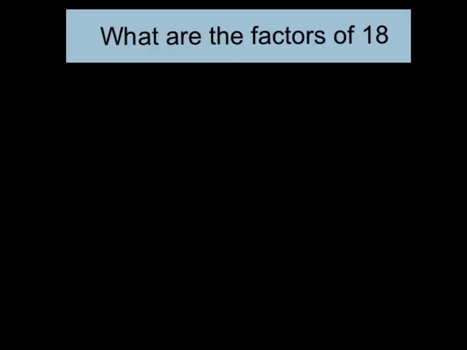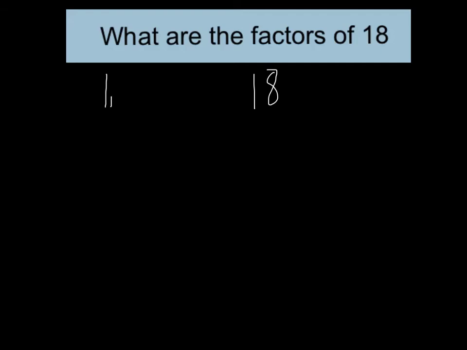Our first problem is asking us, what are the factors of 18? So I know that 1 times 18 are factors, because remember that rule, 1 and that same number are the factors. And I'm going to go to my next counting number, which is 2.